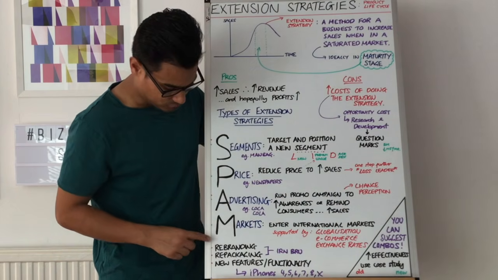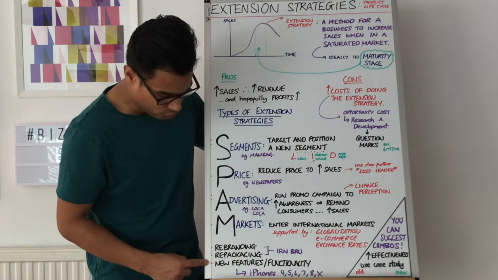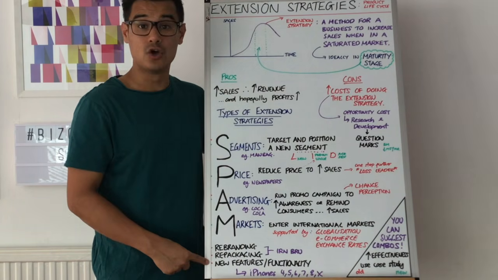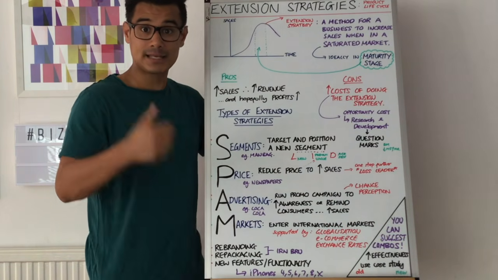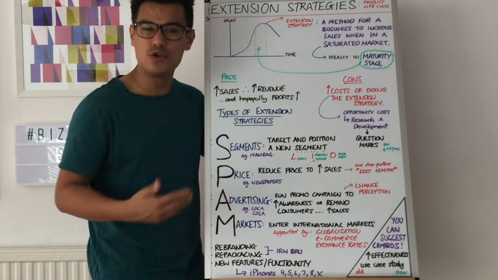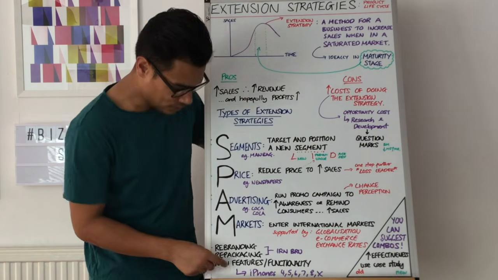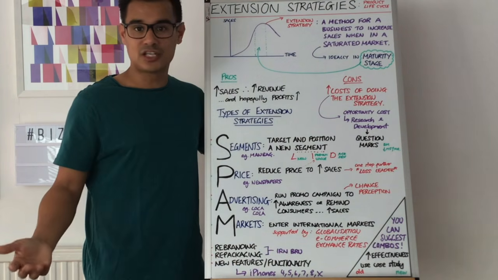And just to remind you of the last few, so we said earlier on, you could do rebranding, repackaging. Seen that in Irn-Bru. Also, as we've seen a lot in technologies, computer games, computer consoles, joysticks, gaming pads, phones, tablets, they're always doing new features or new functionality, as it's called in the tech world. So you think about the iPhone, you've got the 4, the 5, the 6, the 7, the 8, the X, it just keeps on going.